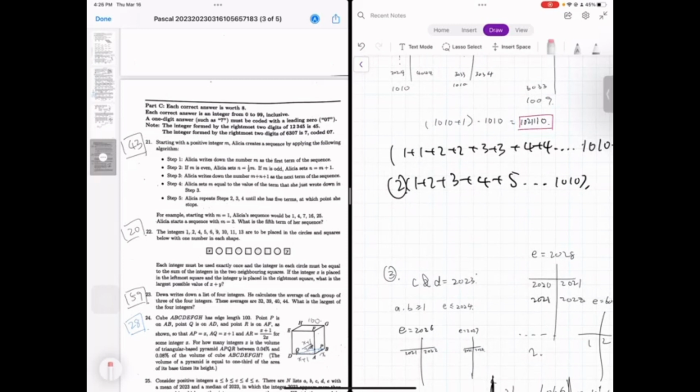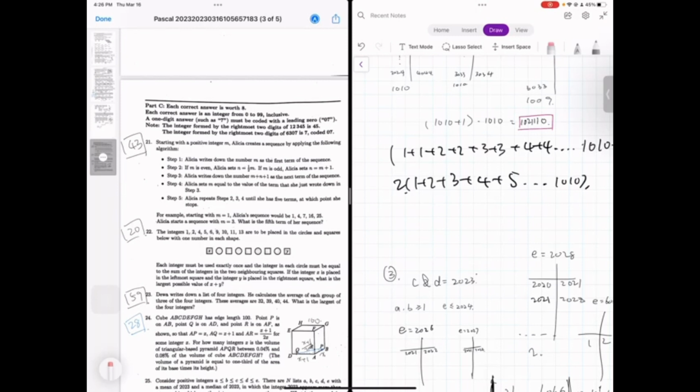The summation formula is the first term plus the last term, divided by 2, and multiplied by the number of terms. Because here we have a 2 and here we have a 1/2, the 2 and the 1/2 just cancel out.